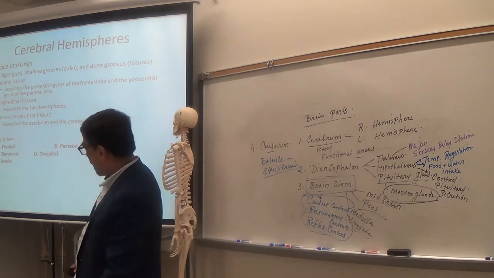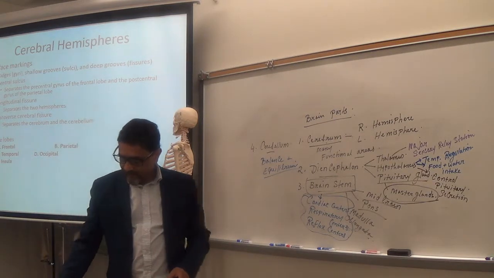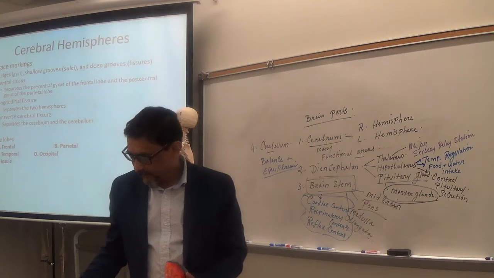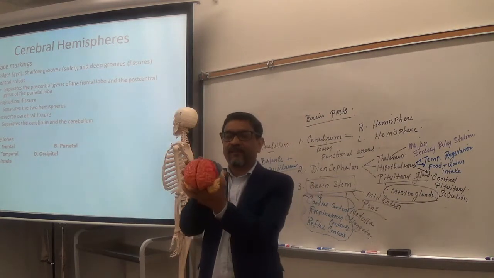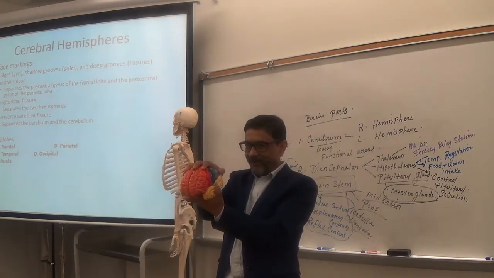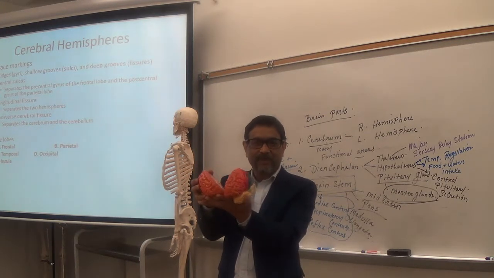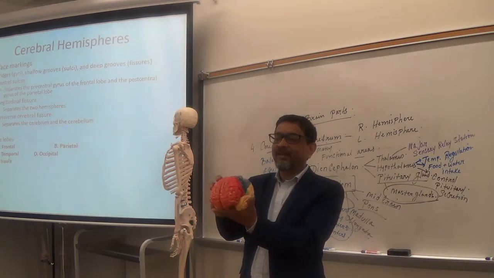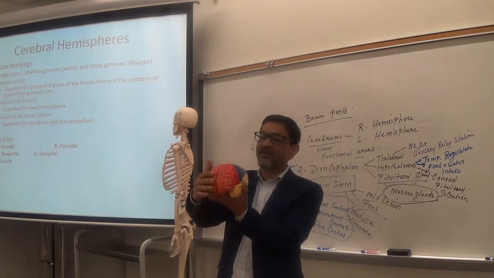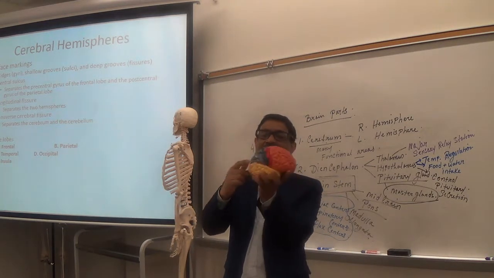Now we'll see the cerebral hemisphere. Again, this is the cerebrum, right? Remember that? How many hemispheres? 2, right and left, right? And if you see the surface of the cerebrum, look at this.